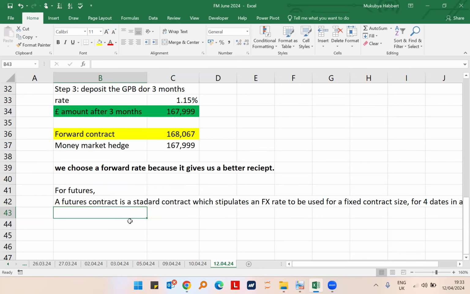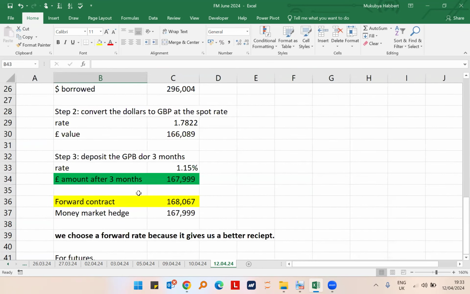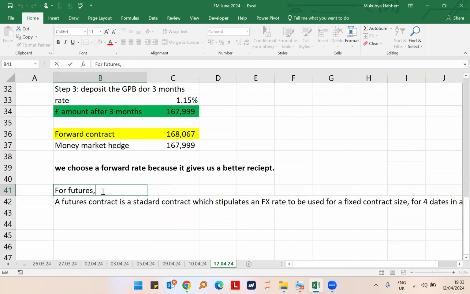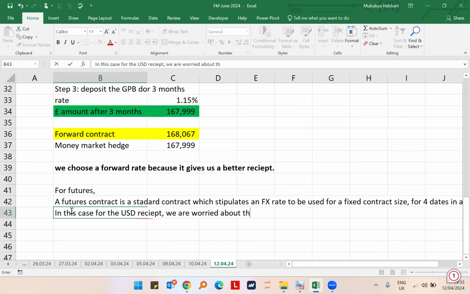Because if you look at this, we are dividing and it's a receipt, so our problem is that if we divide and we get a smaller figure, that can only happen if the FX rate has increased. So in this case, for the USD receipt, we are worried about the FX rate increasing.